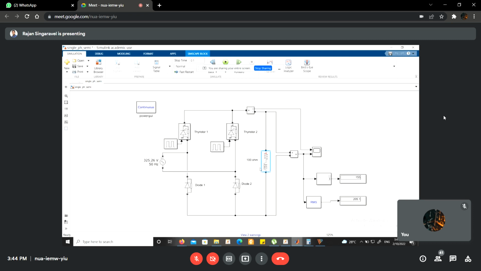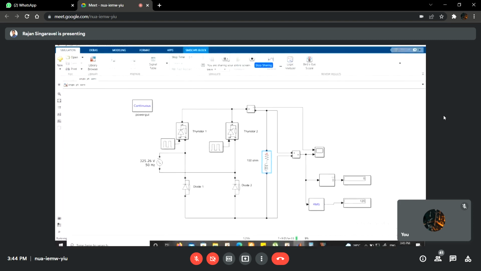Now, I have introduced an inductor in the load terminal, which is also a very high value, and now I am simulating. If it is a full converter, because of the introduction of the inductor, negative voltage will appear and it will bring down the average DC value with respect to the previous one. Now, let us see how this is happening.